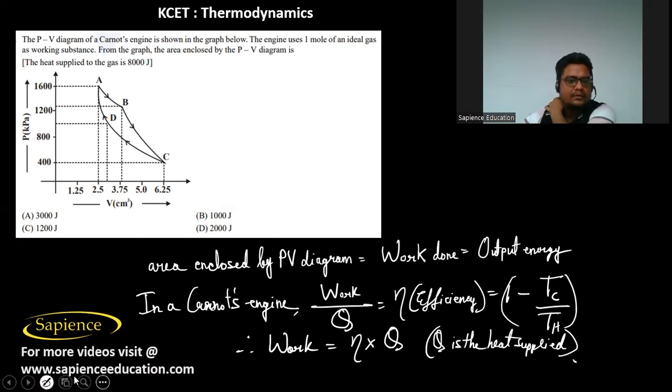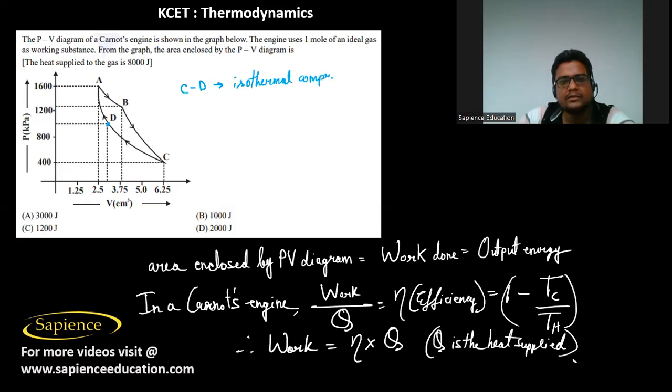Now in the graph, since it is a Carnot's engine, the region from C to D is isothermal compression, and from D to A we have adiabatic compression.